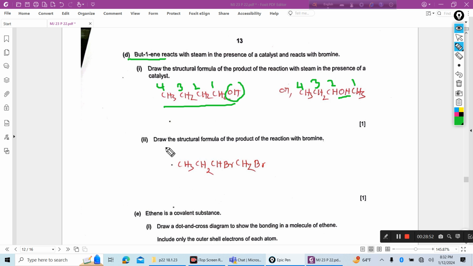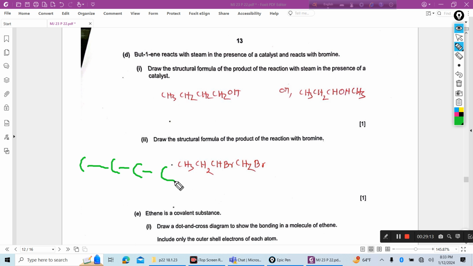And number 2, draw the structural formula of the product of the reaction with bromine. You know, if alkene reacts with bromine to form dibromoalkane, so but-1-ene, that means 4 carbon, this is 1, 2, 3, 4.